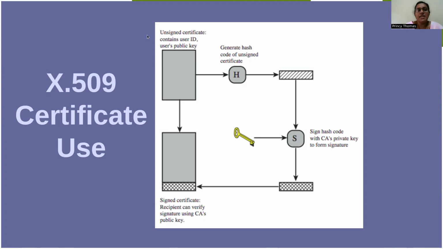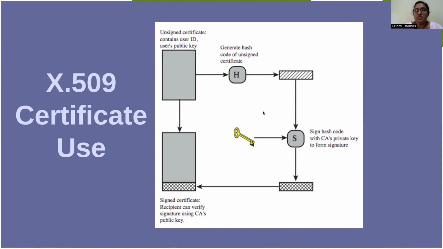An unsigned certificate contains the user ID and the user's public key. A hash is generated for this unsigned certificate, and that hash is signed.